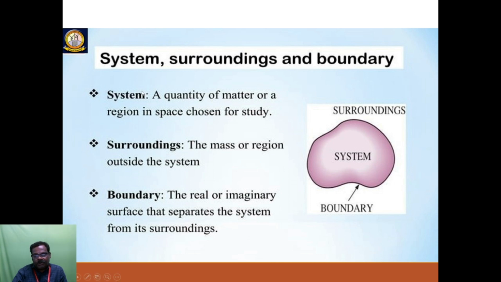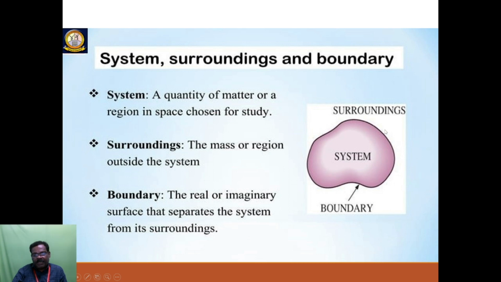Here is a small example. Consider this as the system. Your attention is focused on this particular space, where you are going to find out the thermodynamic property of this system.